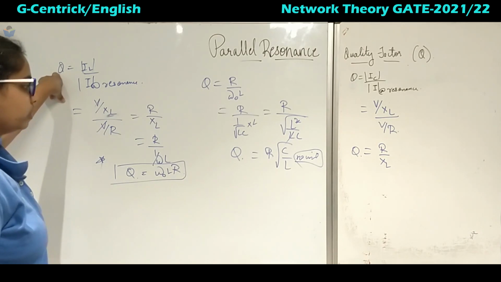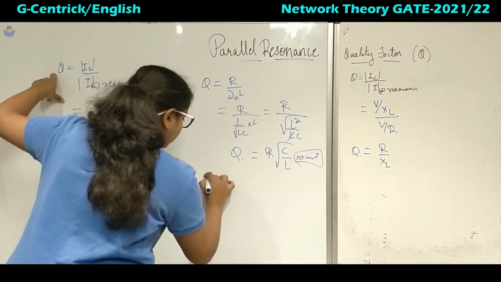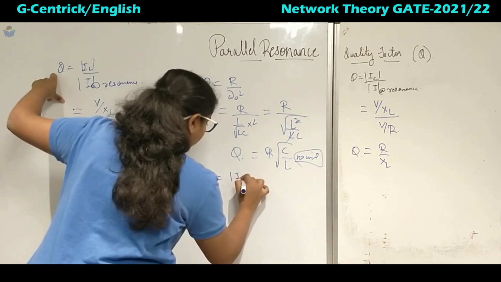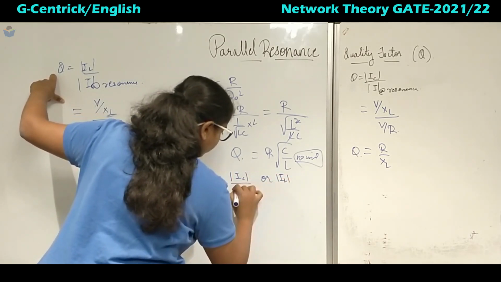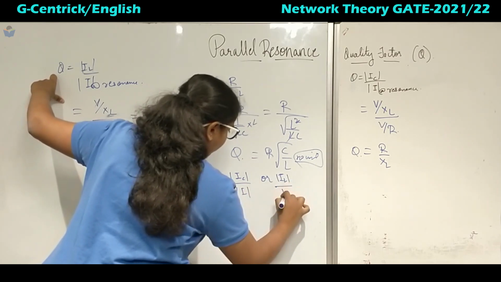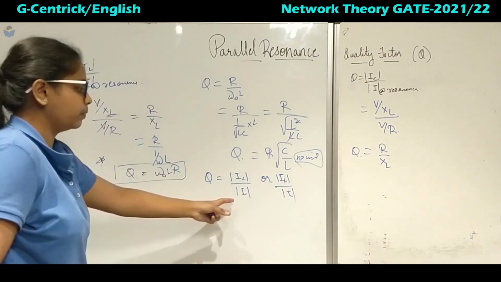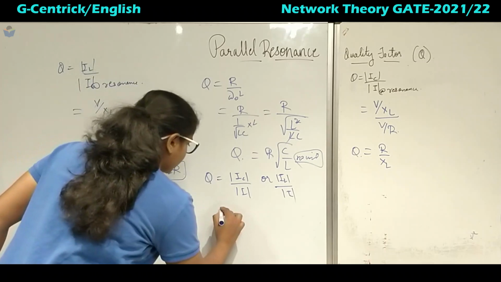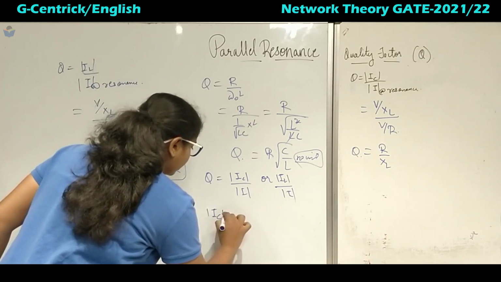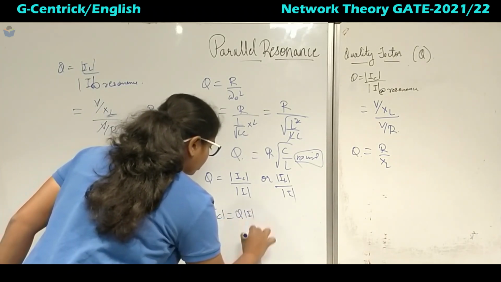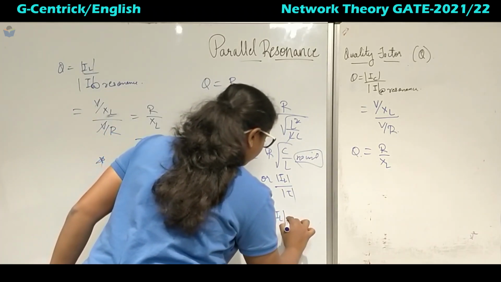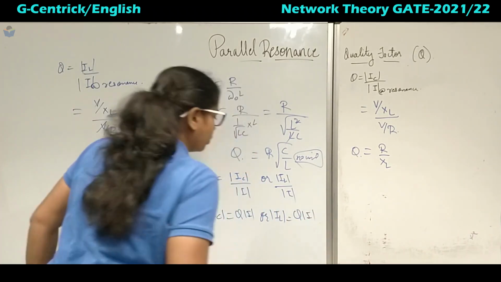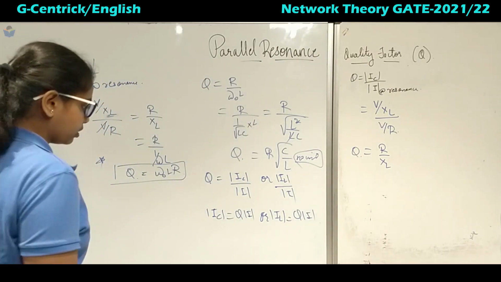Now, we will write IC, or IL also; the magnitude will be the same at resonance. I can write IC as Q into the source current, or IL will be equal to Q into the source current at resonance, right?